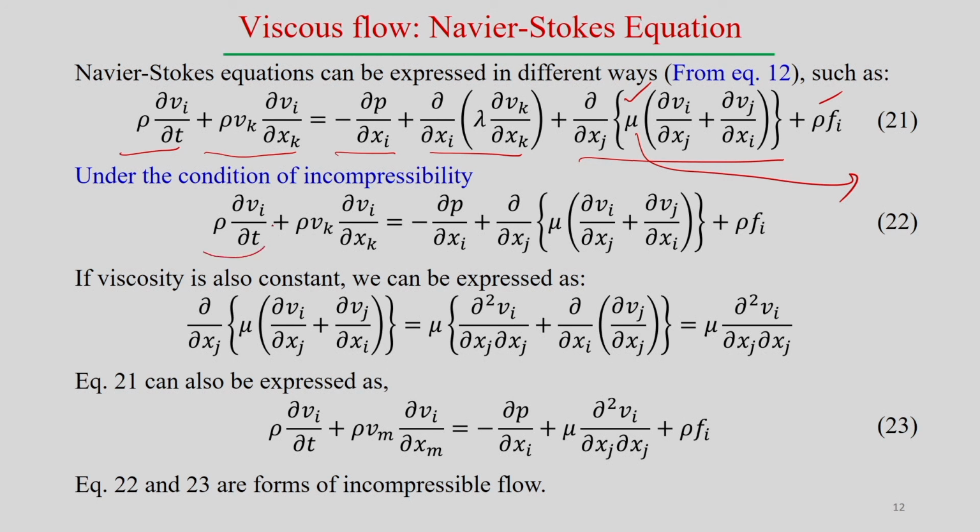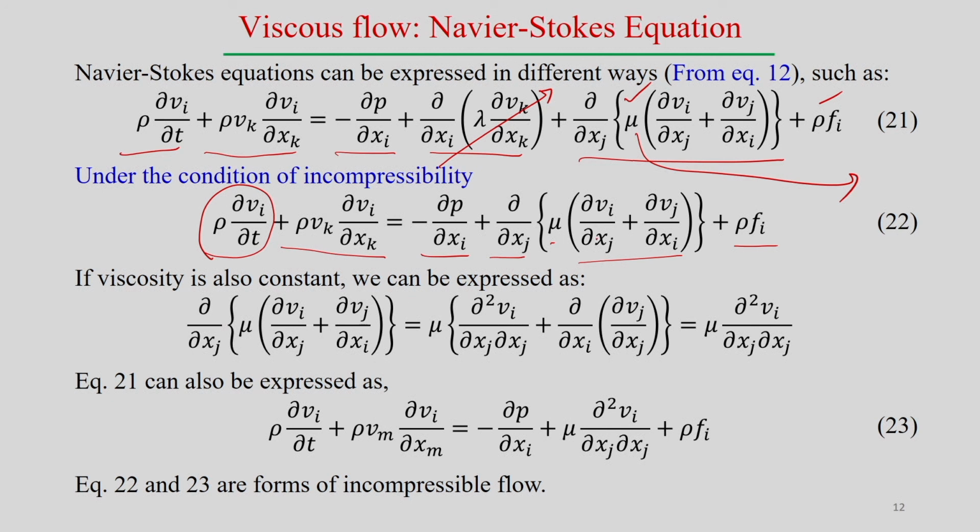See, this equation has the velocity components, rho v, the pressure component, and then del x of mu, and so on. Under the incompressibility condition, this part is not required at all, it becomes 0. So, we can neglect this particular part of the equation, and then we can further simplify the Navier-Stokes equation.